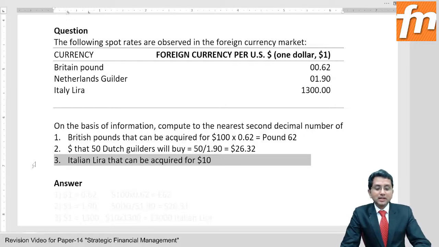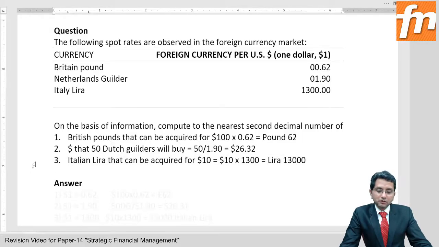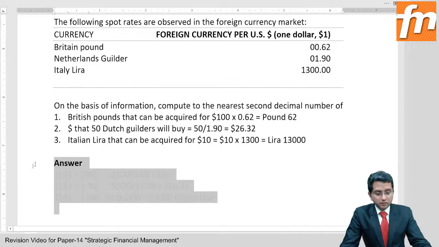Here the rate is available for $1 equal to 1300 liras. That's why you need to multiply by the rate. So $10 can be converted into 13,000 liras. We have solved this question here itself, so we don't need a separate solution now.